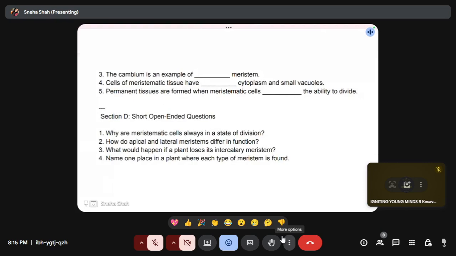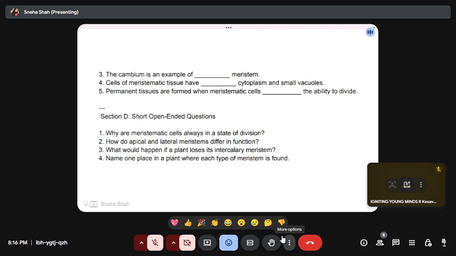Cells of meristematic tissue have dash cytoplasm and small vacuoles. This was not covered in the presentation. I would say that any cell which is living, any cell which is capable of dividing will always have a dense cytoplasm.